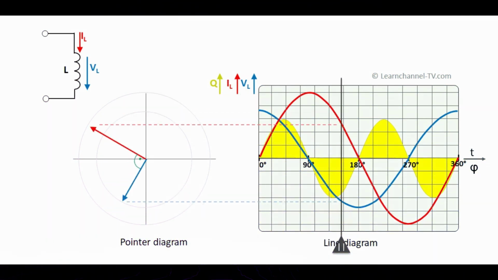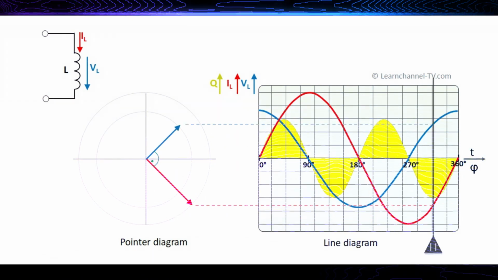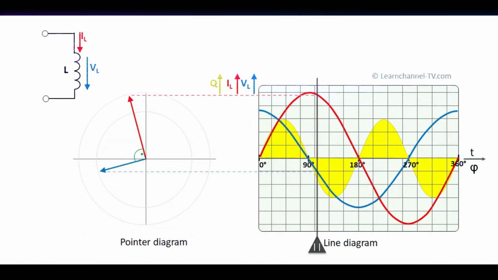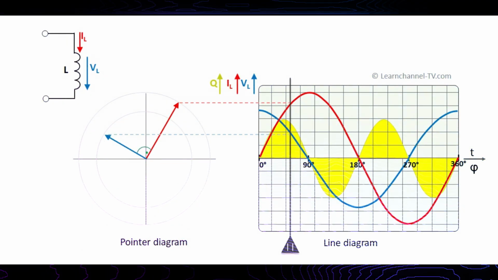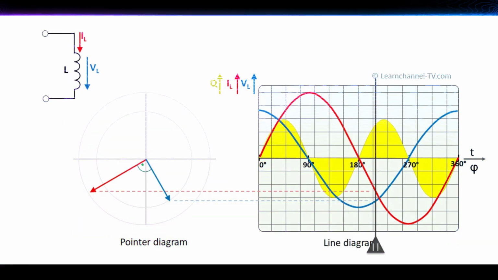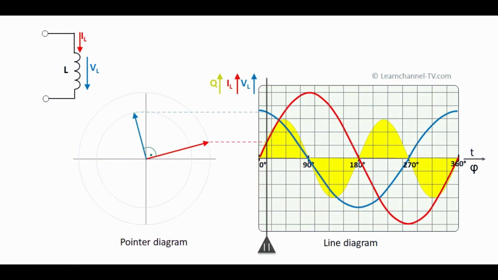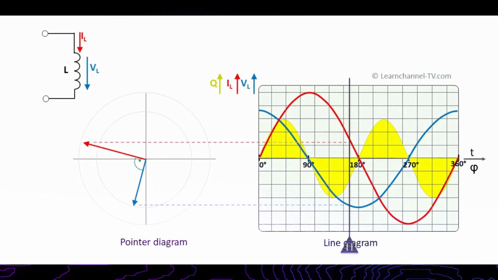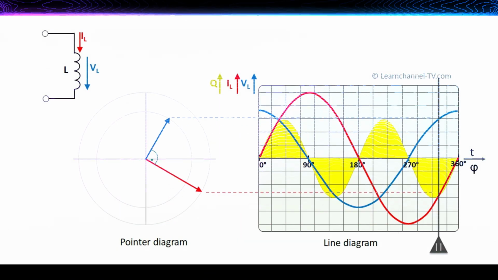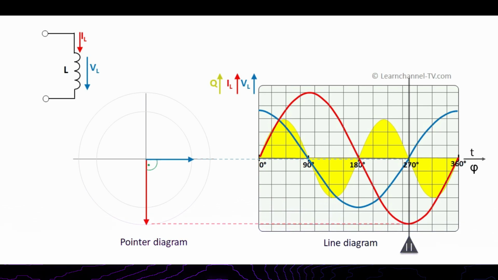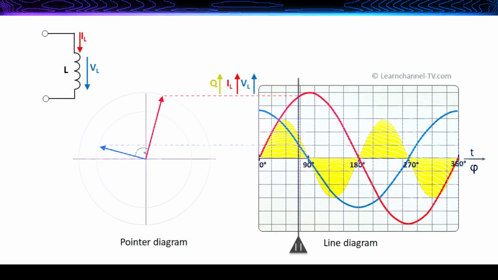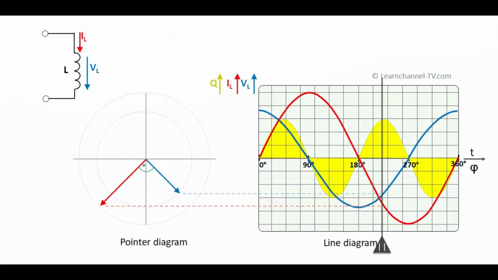Since the magnetic field continually changes magnitude and direction, a voltage is continually being induced in the coil. This induced voltage is 180 degrees out of phase with the applied voltage, and is always in opposition to the applied voltage.